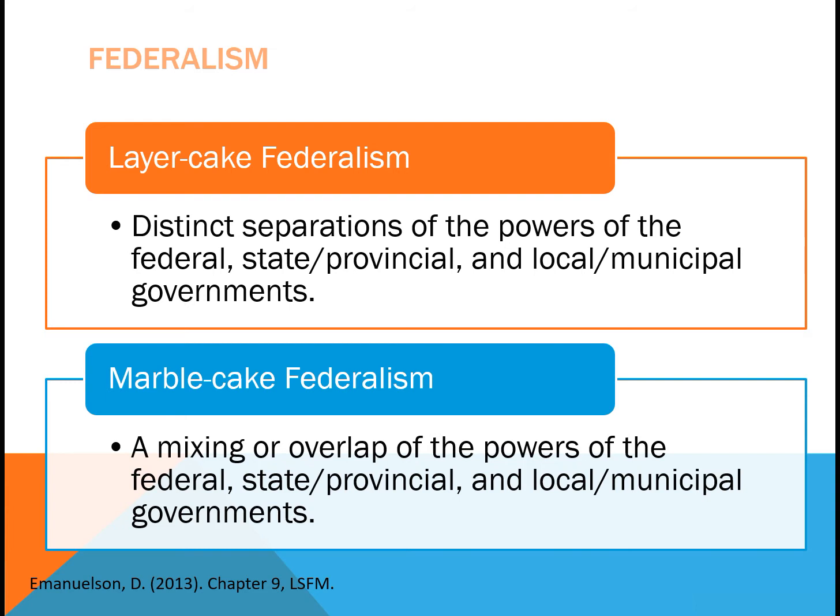So in layer cake federalism, it's layers. There's distinct separation of power between federal, provincial, and municipal government. The national government provides some services, the province provides others, and the local unit provides others. Think of athletics or instructional programs.